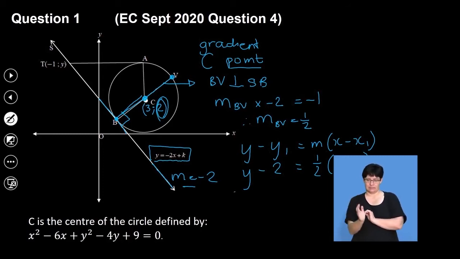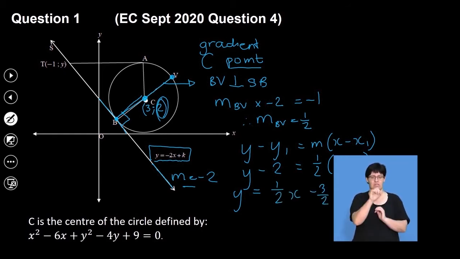I'm just going to neaten that up so that I have y equals. So y is equal to 1/2 x minus 3/2 plus 2. And finally, y is equal to 1/2 x plus 1/2, since minus 1.5 plus 2 gives me plus 1/2. Okay, so that is the equation of this line over here, BV.